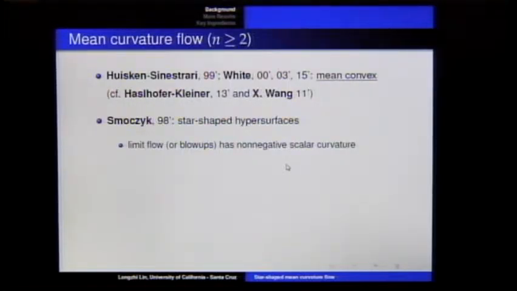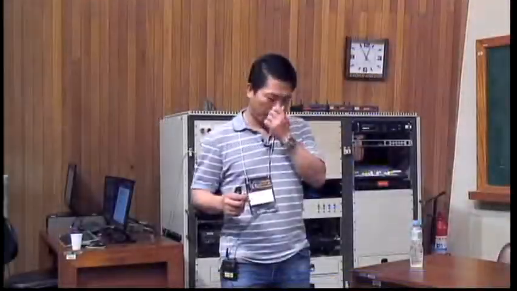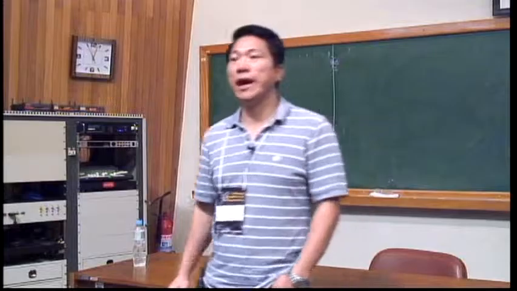Then he proved that if you blow up at a point of the star-shaped mean curvature flow, then the limit flow has non-negative scalar curvature. That's essentially a pinching estimate along the mean curvature flow. He proved that that kind of pinching is preserved along the blow-up procedure.